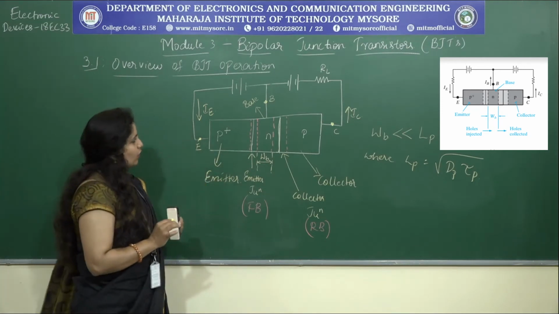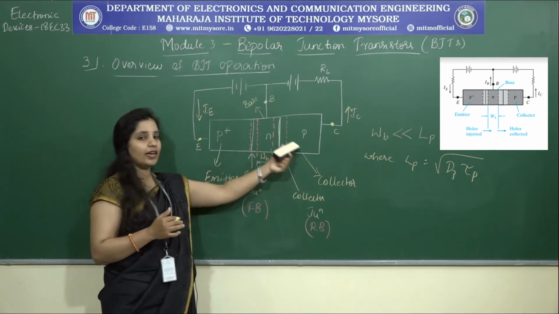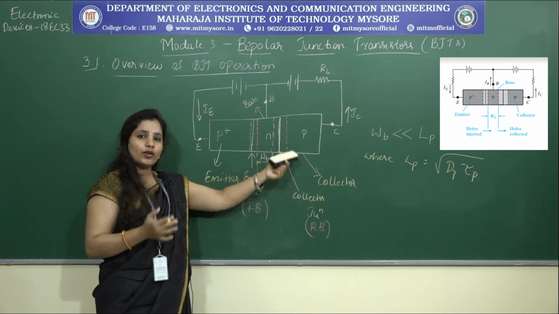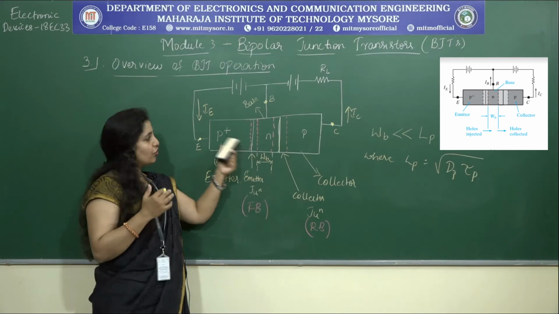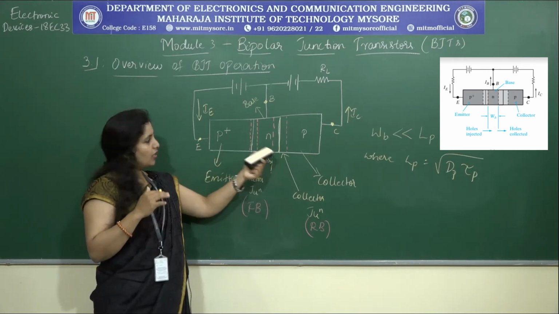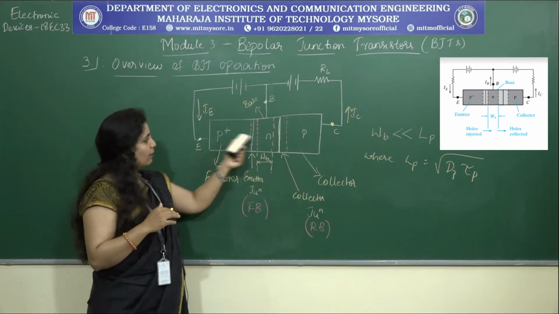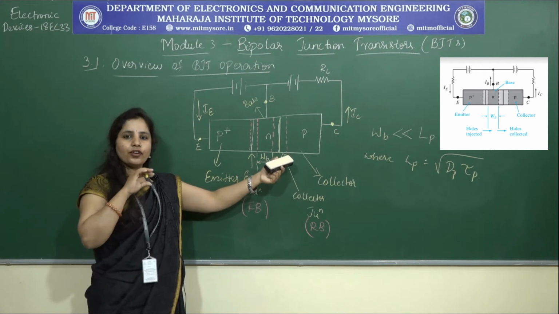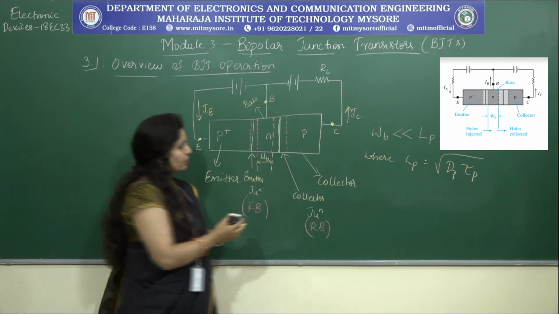Now please be careful with this, because there are many things happening within this P plus, N and P region, because we have majority carriers as well as minority carriers playing their role. So you need to understand all these factors. Therefore, let me take up a circuit of a P plus NP region which will clearly define the different kinds of currents that you can observe in this particular structure.